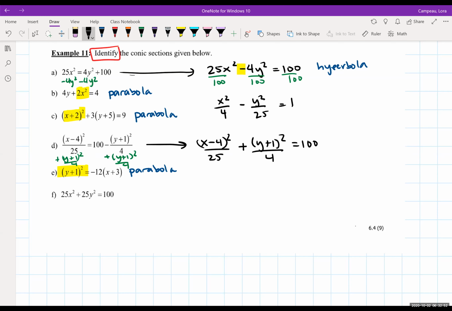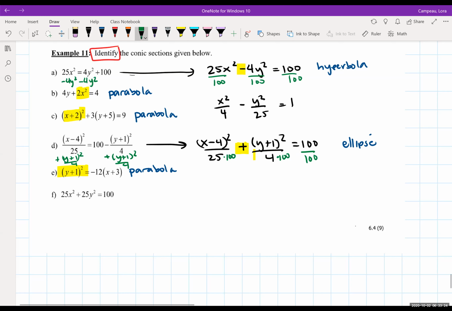And right away when I'm looking at it, I see a plus sign. And I do see different numbers in the denominator. So it's a heads up that I am going to have an ellipse. But if we want to take it further to just verify a little bit more, we could divide both sides by 100. And if you divide by 100, you'll be multiplying by 100 in the denominator.